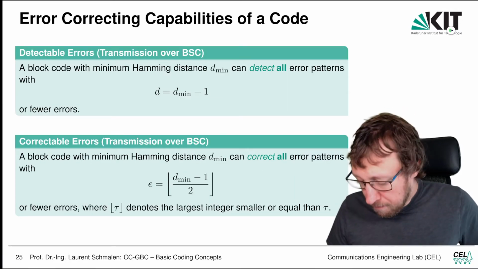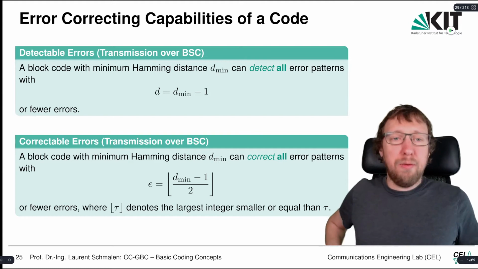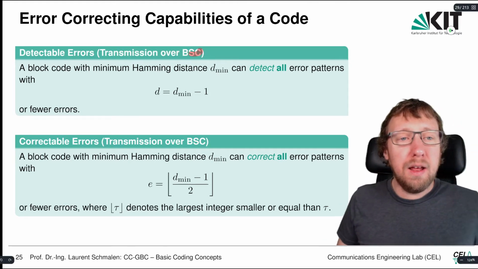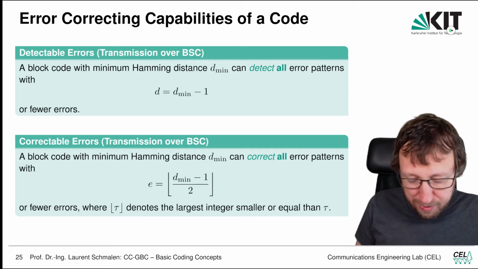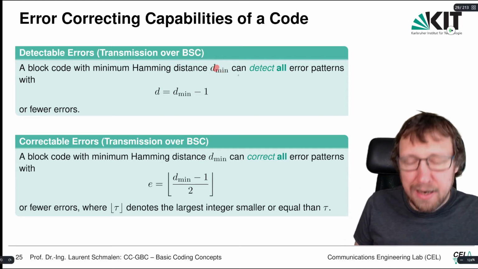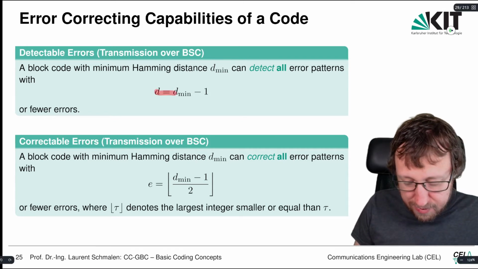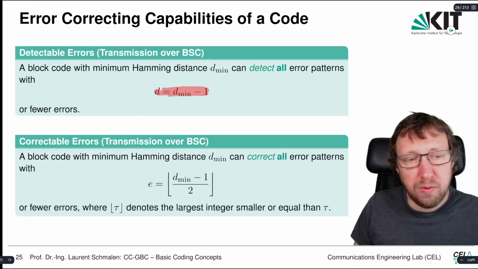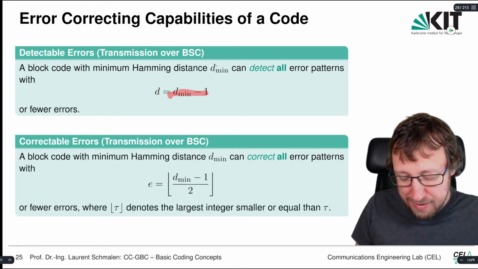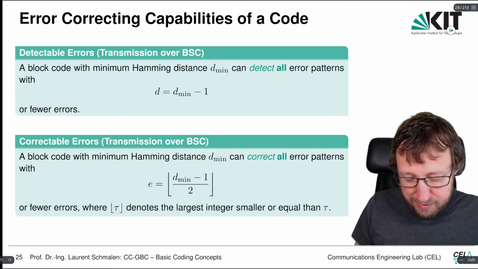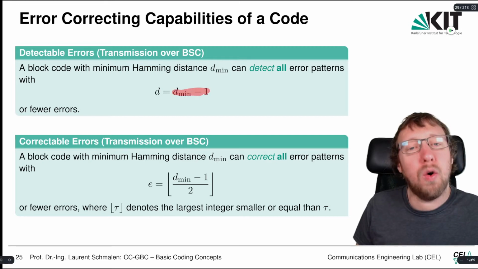So you may know these expressions. If we have a transmission over the binary symmetric channel, then a code that has a minimum Hamming distance of D min can detect all possible error patterns with D min minus 1 or fewer errors.